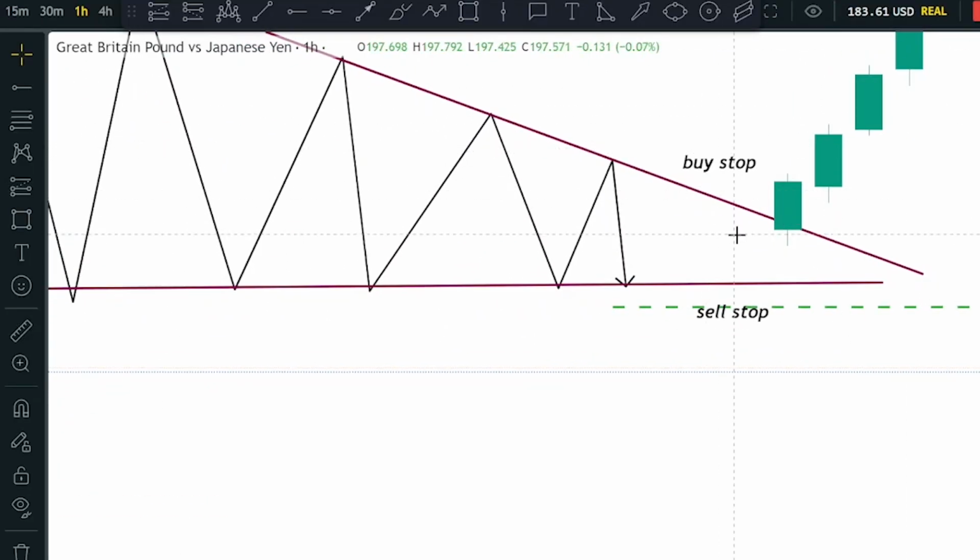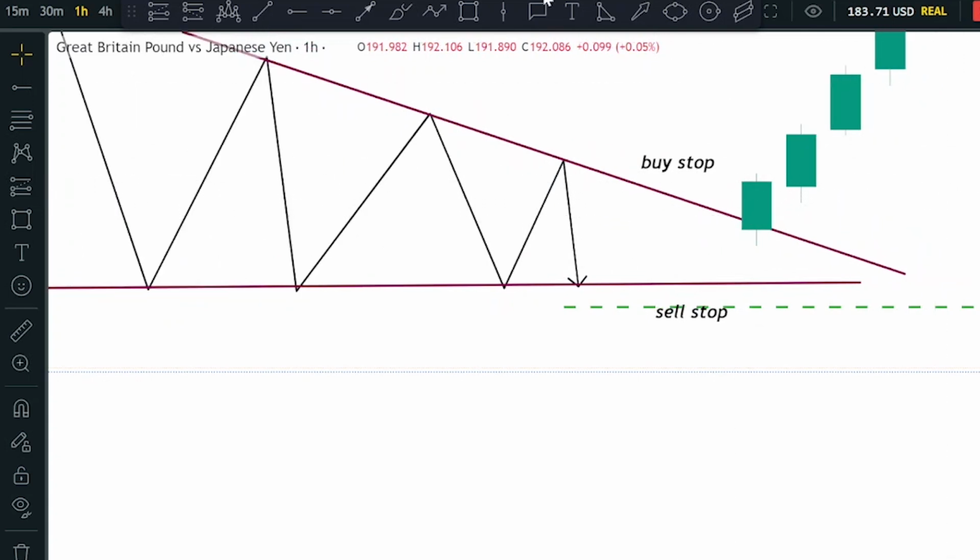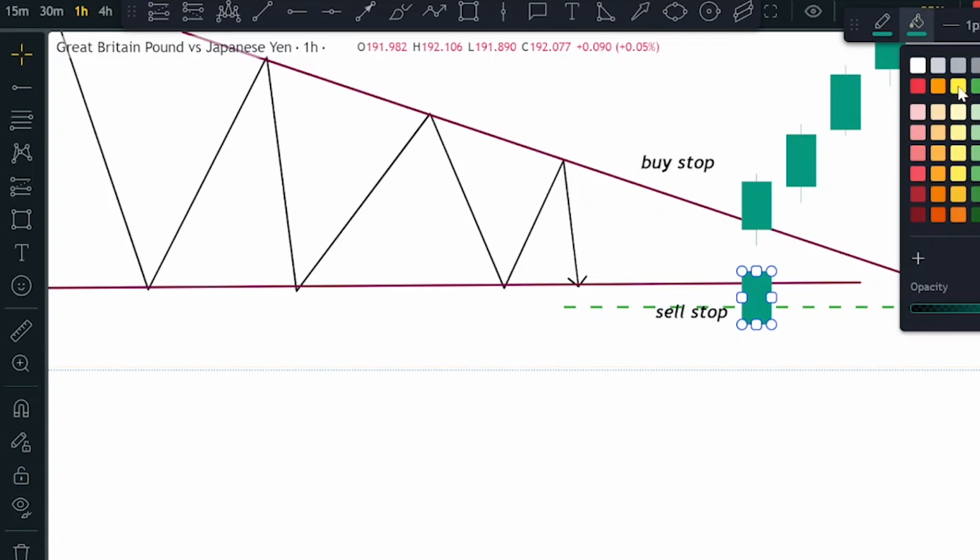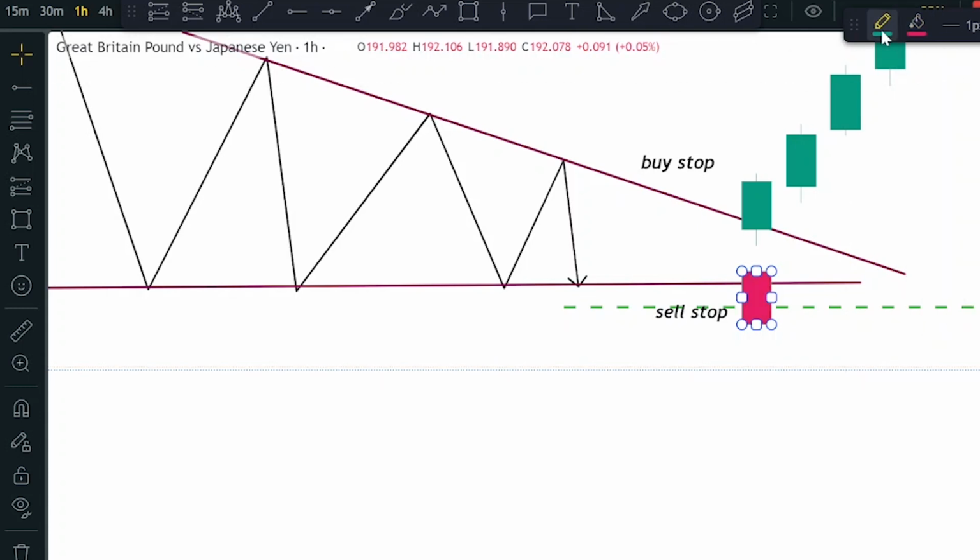Okay, from the downside, from the bottom, if we break below the bottom of the formation of a descending triangle, we need a bearish candlestick to break and close below the formation of a rectangle.